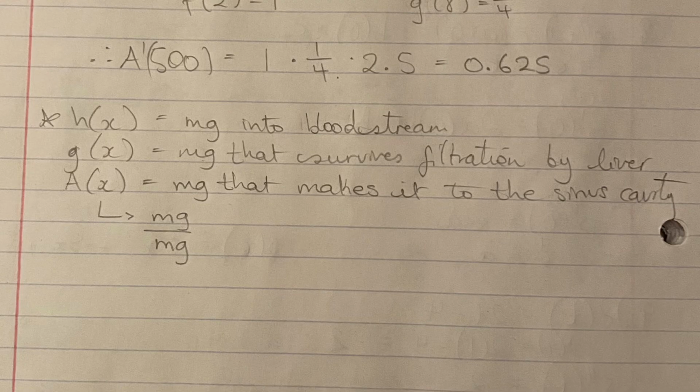Okay, so we have now arrived at the part to interpret A prime of x. If you'd like to refresh your memory on what the question was asking us and what information it gave us, you can scroll back to the beginning of this video, but it's basically summarized here: h of x is the milligrams of antibiotics that arrive at the bloodstream through the stomach, because these antibiotics are ingested orally. g of x is the milligrams that survive filtration by the liver, and A of x is the milligrams that make it to the sinus cavity.